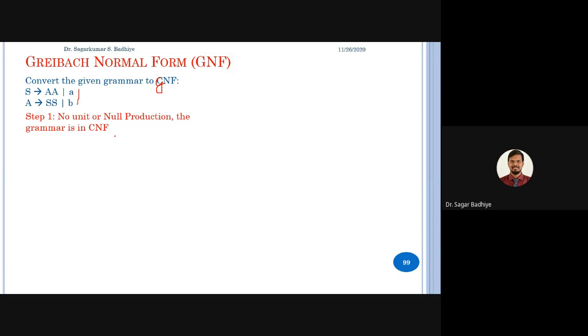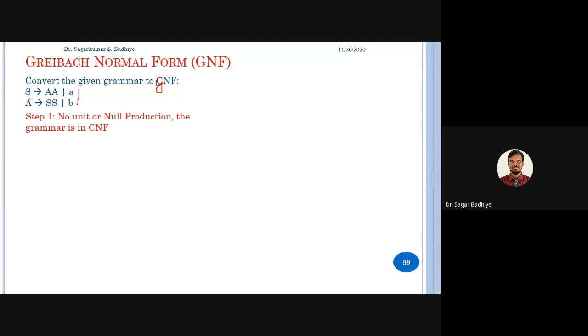Then the second step is to rename all the non-terminals. Here you can see that there are only two non-terminals, S and A. So we need to rename them as A1, A2. I have used the terminology A1, A2; you can use X1, X2 or any other terminology.